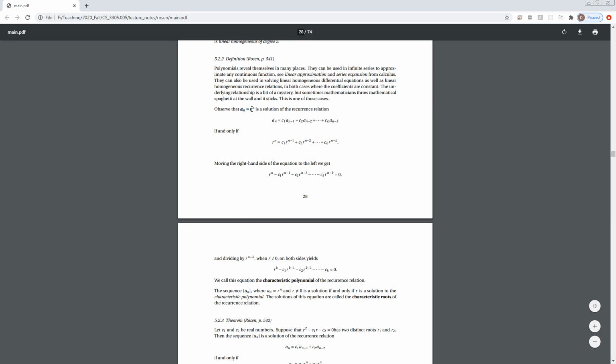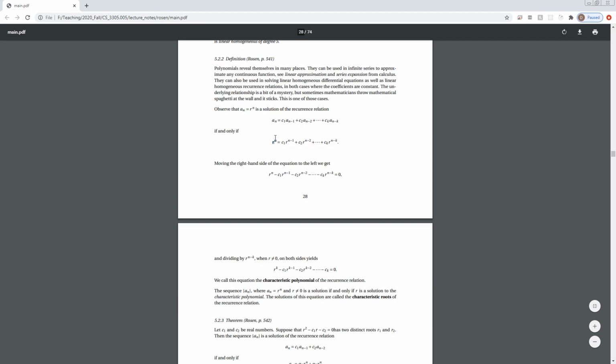Then we say, okay, well, we can equate a sub n to some polynomial r to the n, and if it's true for r to the n, then it was probably true that a sub n minus 1 was equal to r to the n minus 1, and then a sub n minus 2 was equal to r to the n minus 2. All we're doing is replacing the n here.